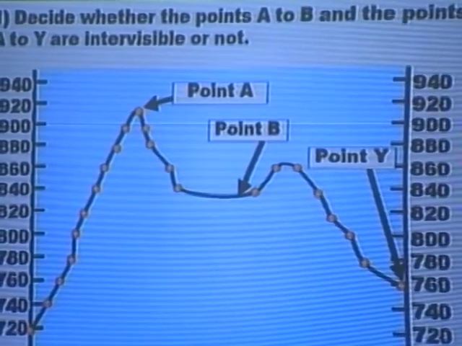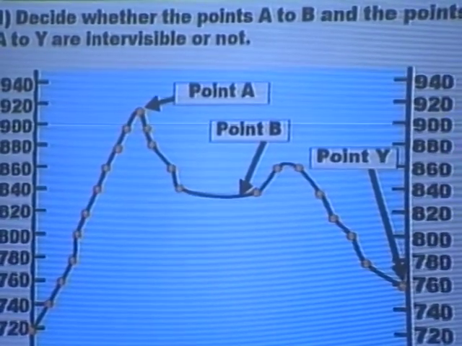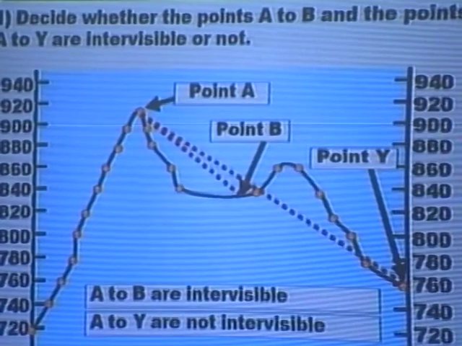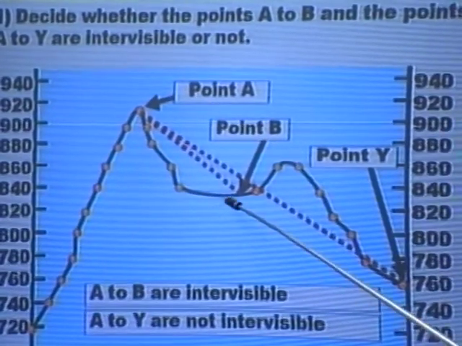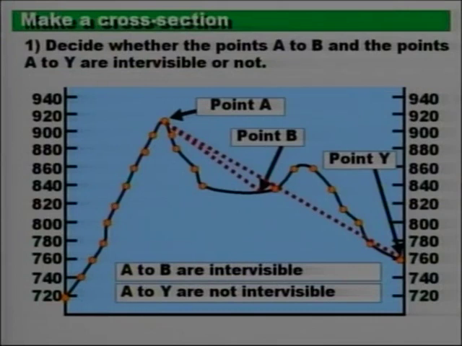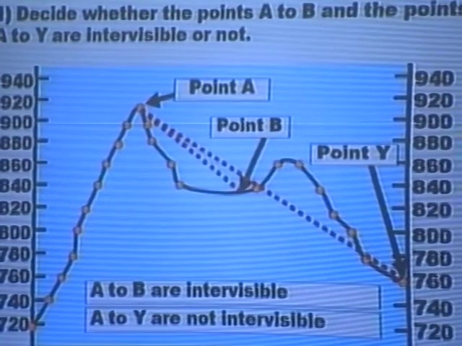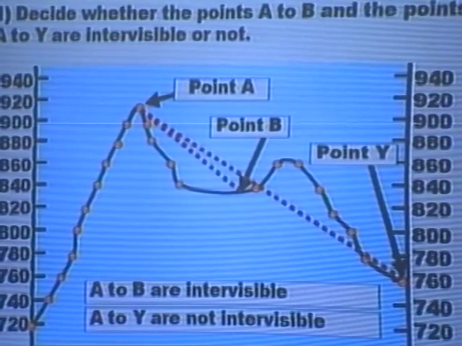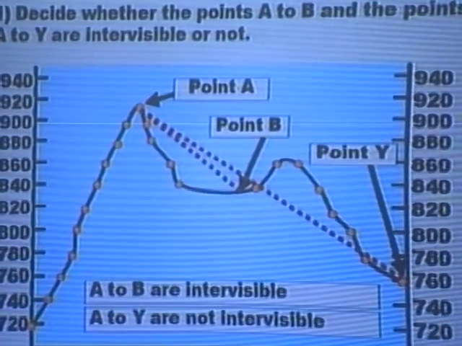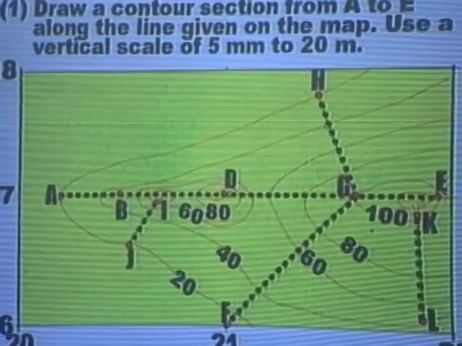It is not intervisible. Okay, so if we had to draw the line of sight, point A to point B, definitely visible. Therefore, we say point A to point B is intervisible, but point A, perhaps all the way down to point Y, is not intervisible because of this high point here that blocks the view. So A to B intervisible, A to Y not intervisible.